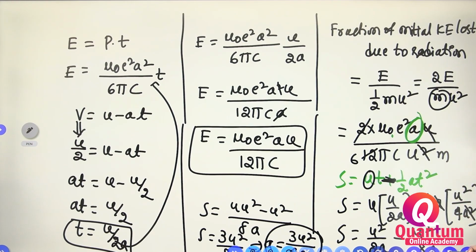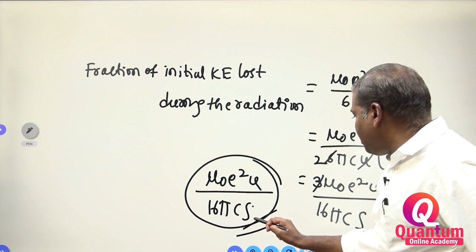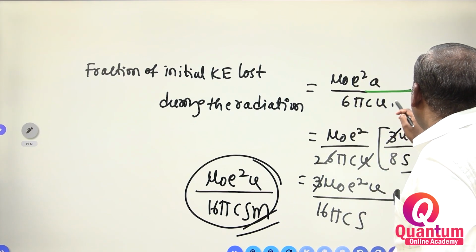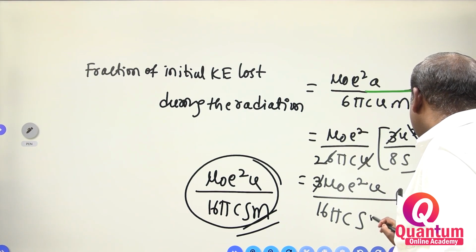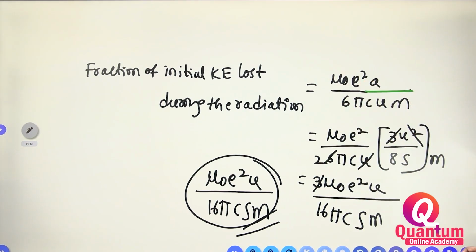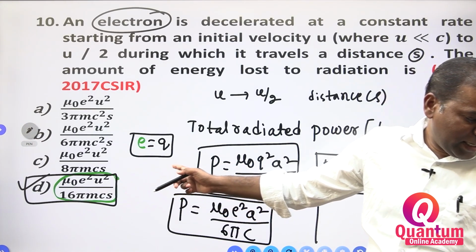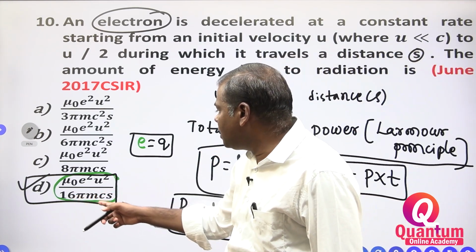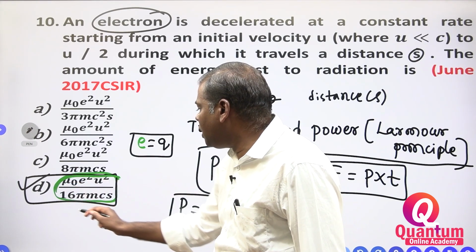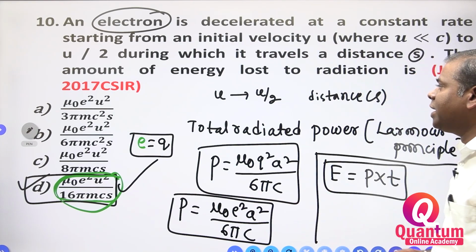One u gets cancelled, therefore u into u square will come. Here m also will be existing. Once you check, you are getting option D. That correct option is mu naught e square u square divided by 16 pi m c S. This option is correct.